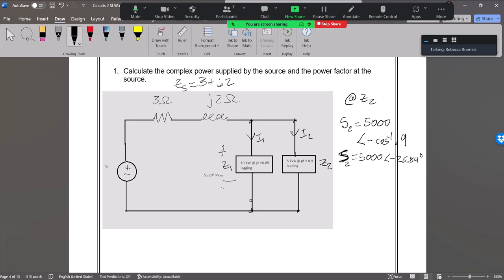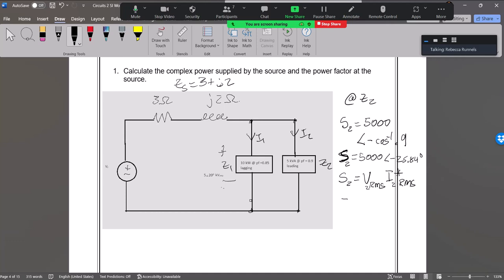Now I also know that power is going to equal the RMS voltage times the conjugate of the RMS current. So I can get the RMS current, and I'll put this V2 and I2. Well, I know what V2 is. They're in parallel, so they all have the same voltage.